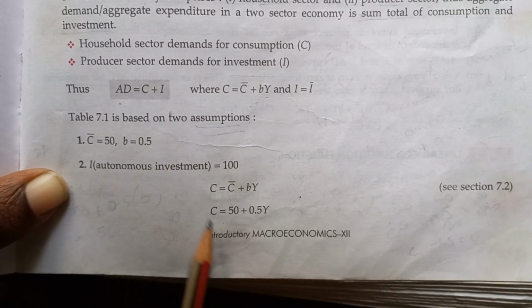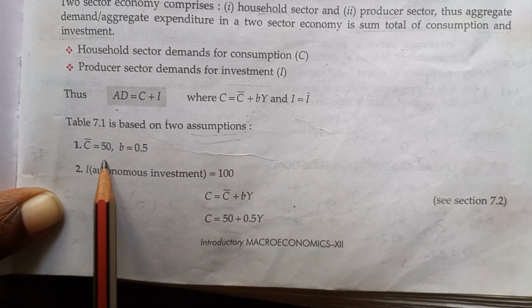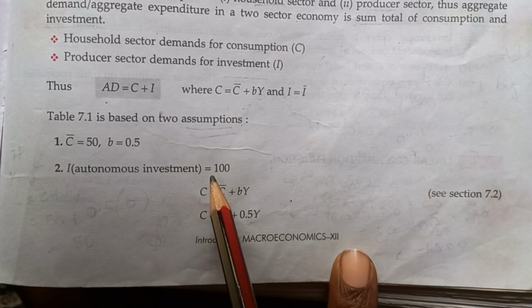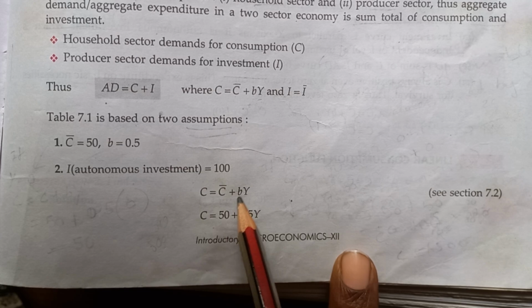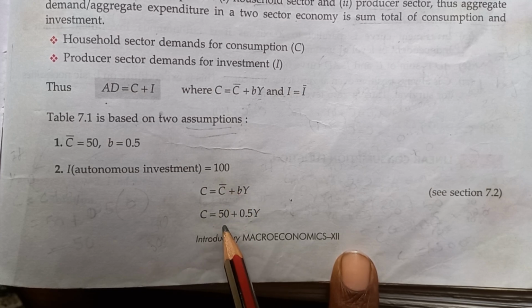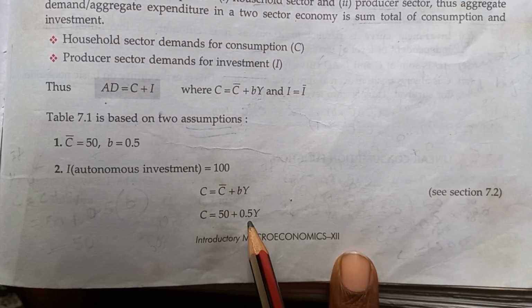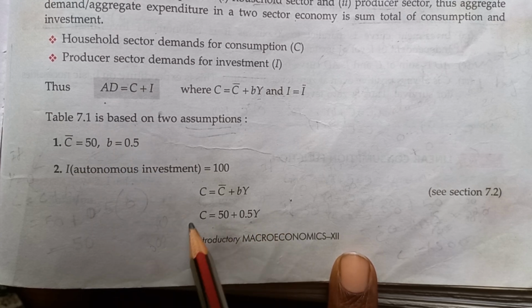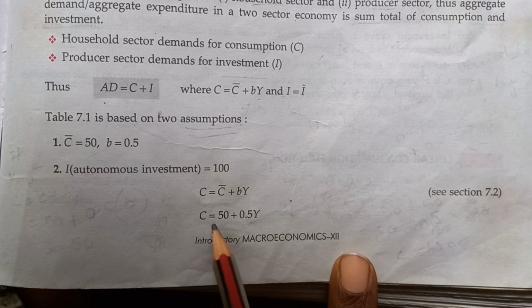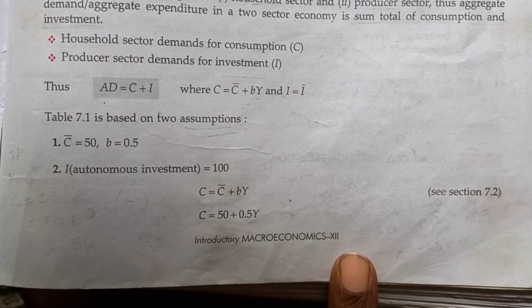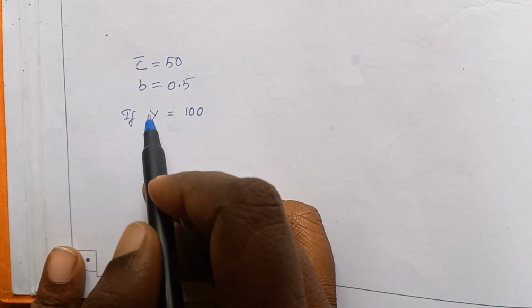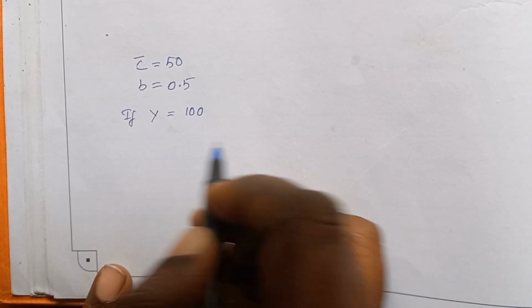Here one example is given. C bar is equal to 50, B is equal to 0.5, and autonomous investment I bar is equal to 100. C is equal to C bar plus BY. If income is 100, how will you find out the consumption function? C bar is 50, B is 0.5, and Y is 100.